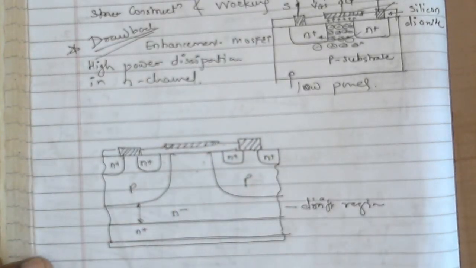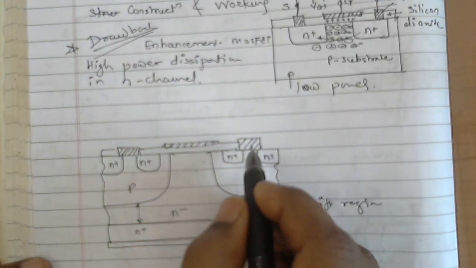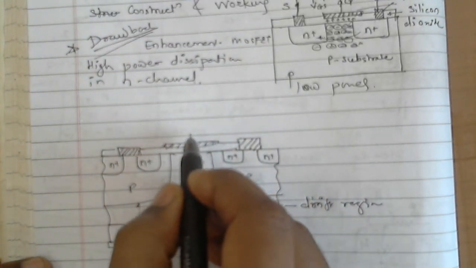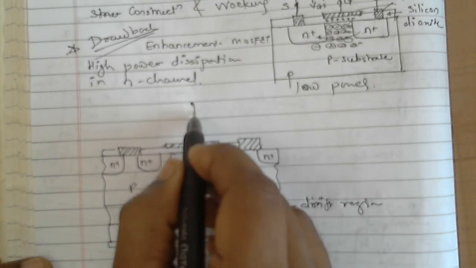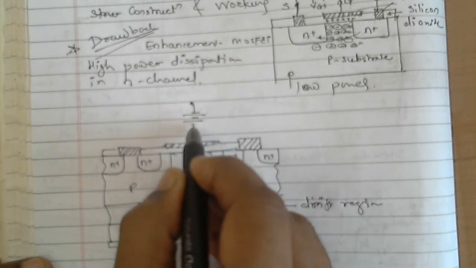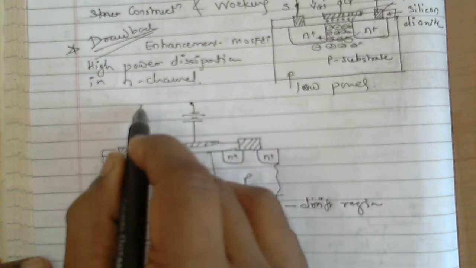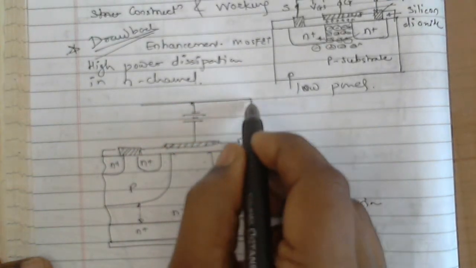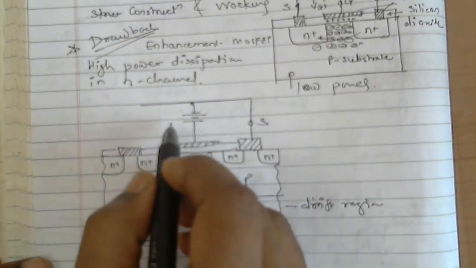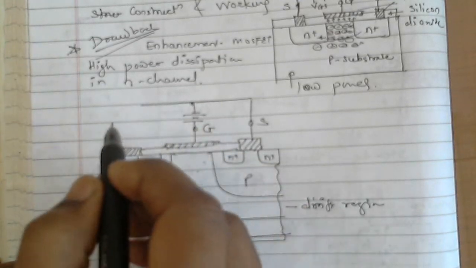And this is the source connected over p type and n type again. So this is source, this is gate.